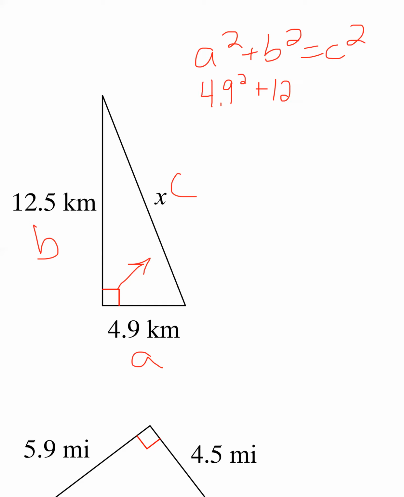B is a 12.5, we'll square that. And we're putting in X for C again. Okay, so 4.9 squared, 24.01. 12.5 squared, 156.25.